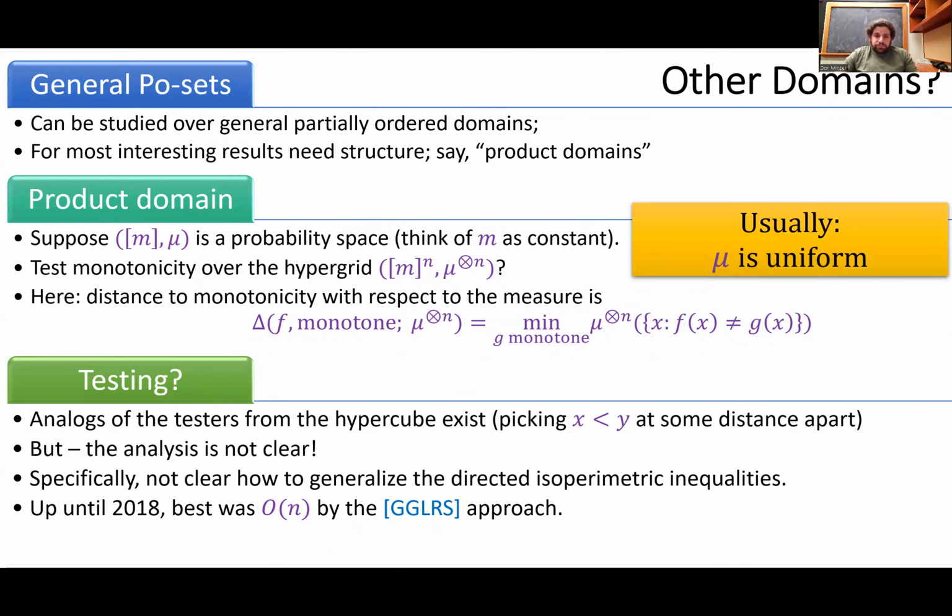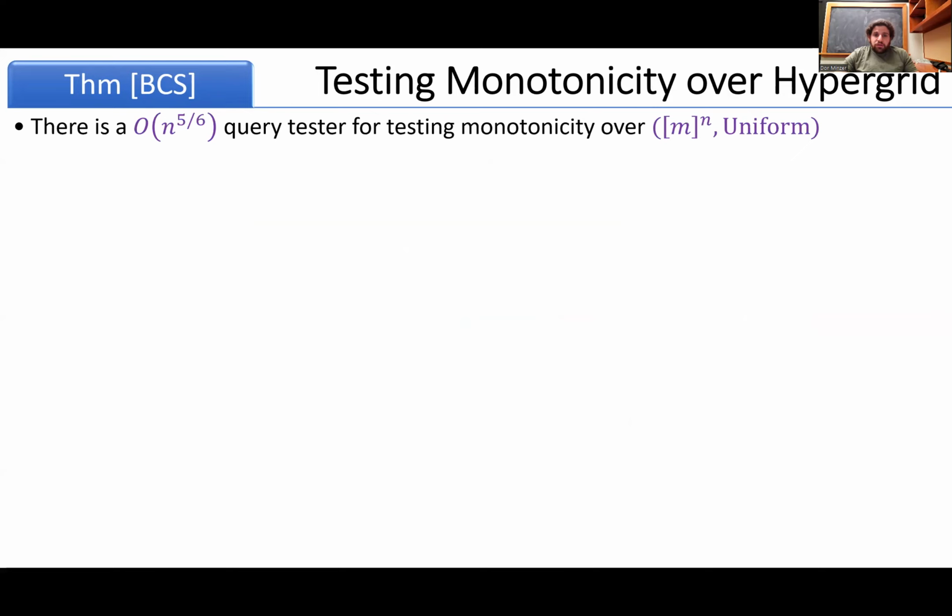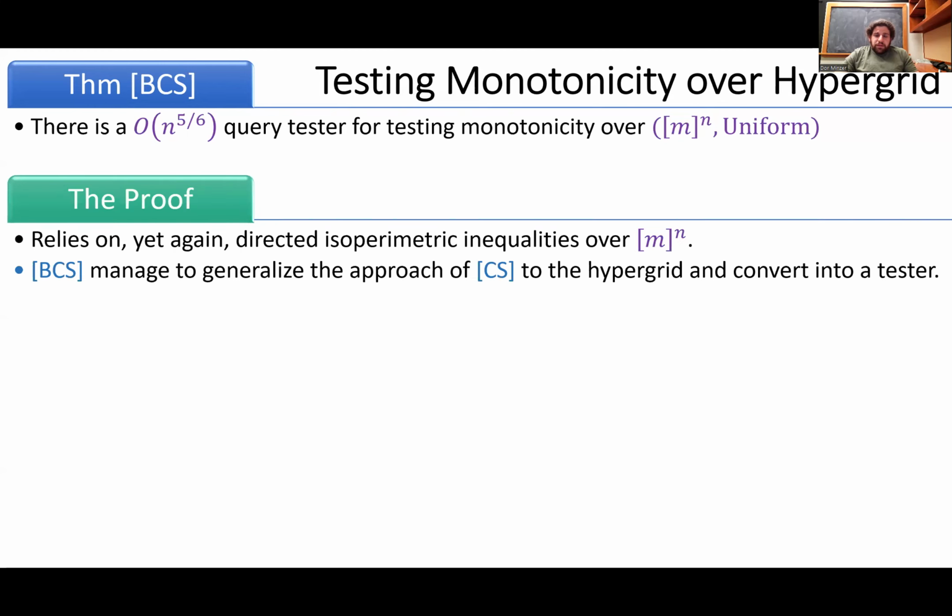That was the case until a few years ago, when Black, Chakrabarty, and Seshadri showed that you can improve upon that result again. Indeed, there is an n to the 5/6 query complexity tester for testing monotonicity over the uniform hypergrid. And interestingly, what they managed to do in this work is generalize some of the directed isoperimetric inequalities from the cube to the hypergrid.